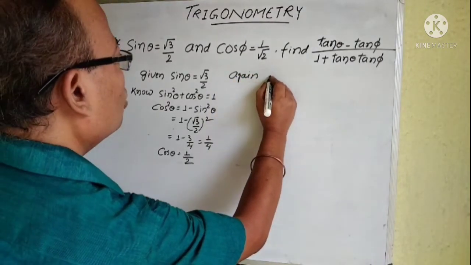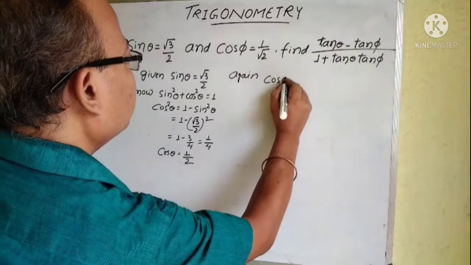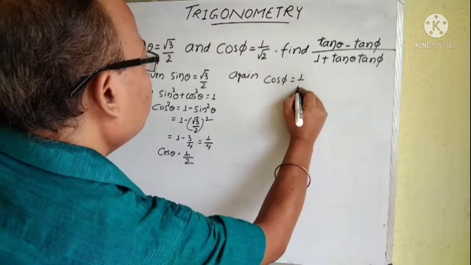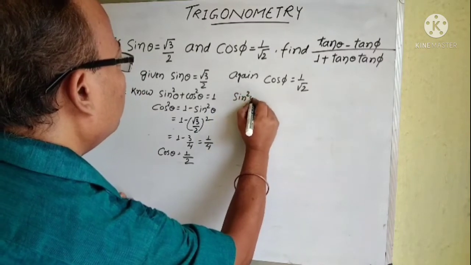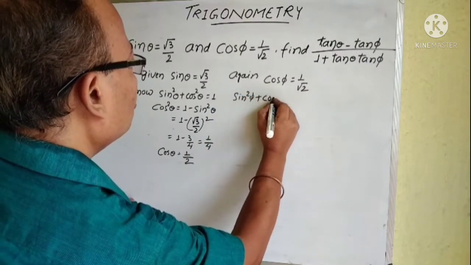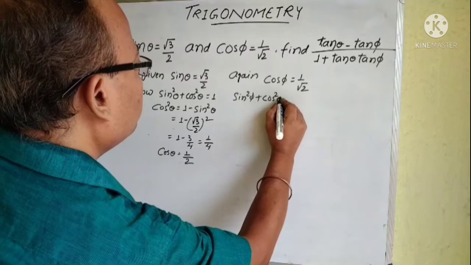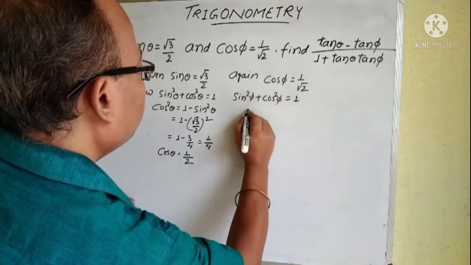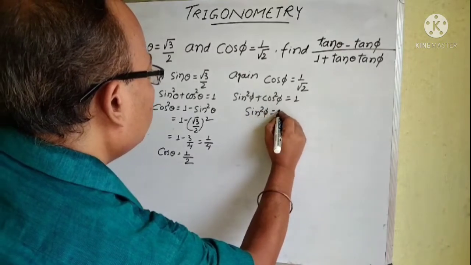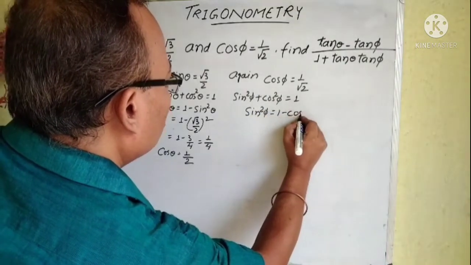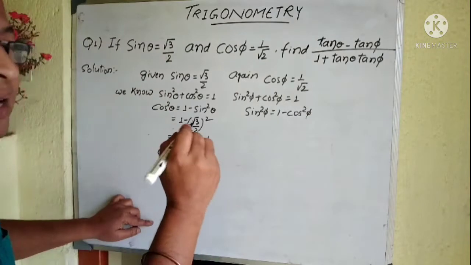Now again we have cos phi is equal to 1 by root 2. So we know sin square phi plus cos square phi is equal to 1. So sin square phi is equal to 1 minus cos square phi. Clear?